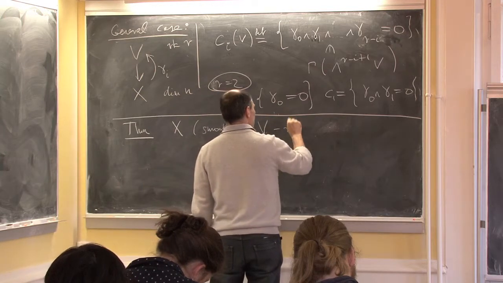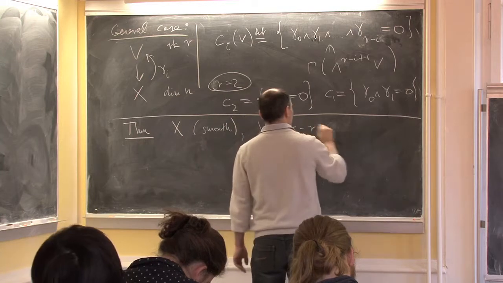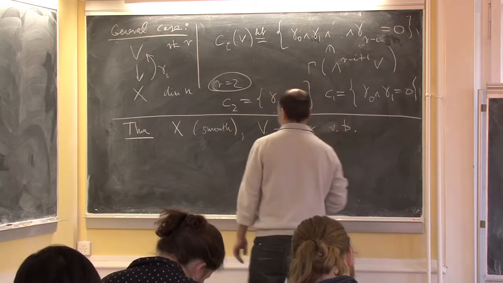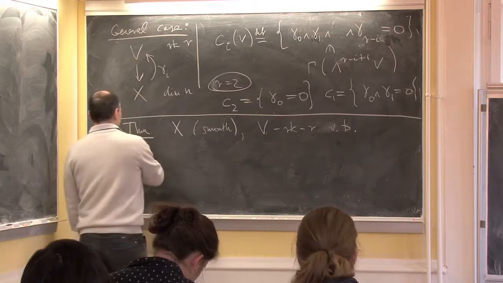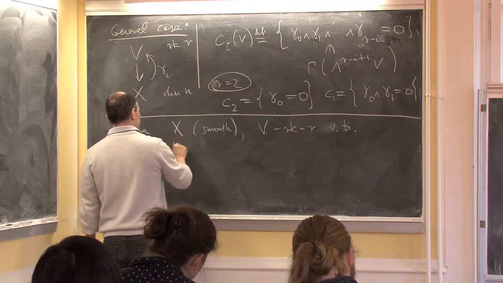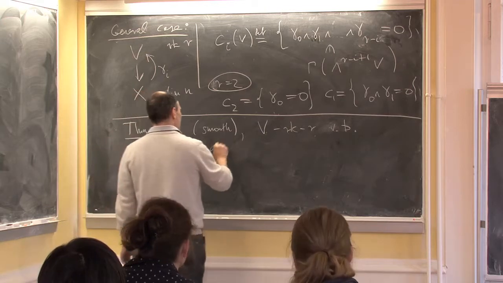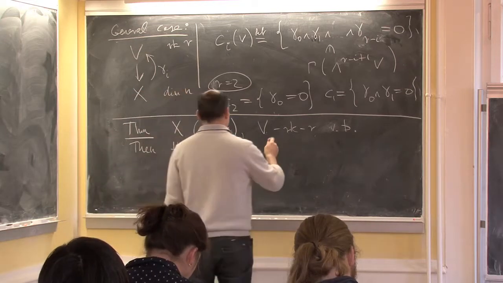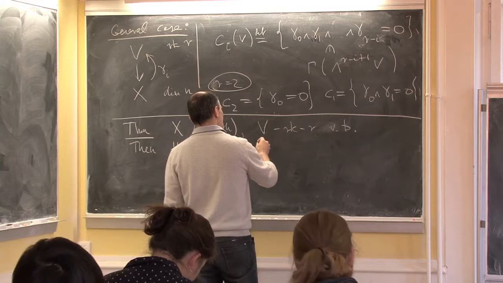V a rank R vector bundle. Then there are Chern classes that exist, C_i.